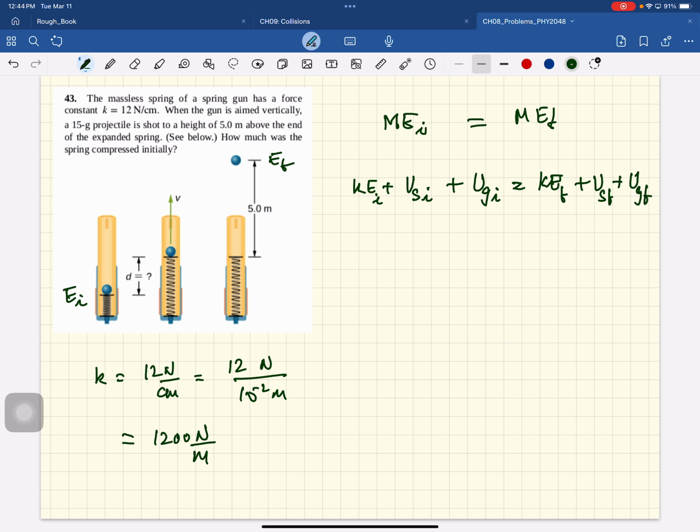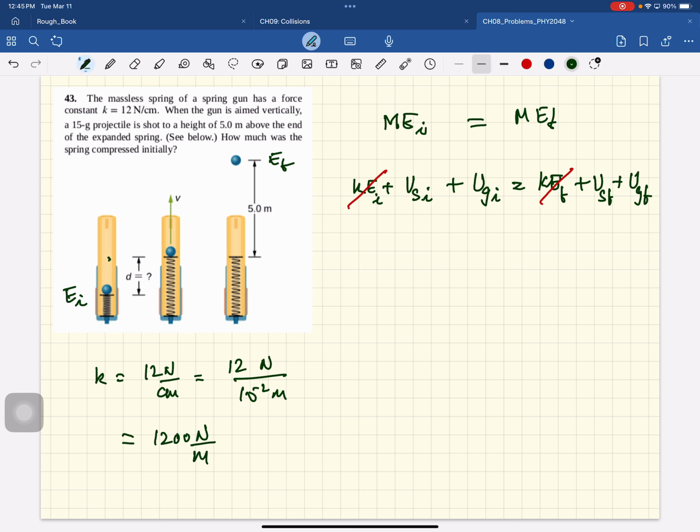What is the initial kinetic energy? Zero. You fire the bullet from rest, and when it gets to the very top, it's at rest. So that is 0 and that's 0.